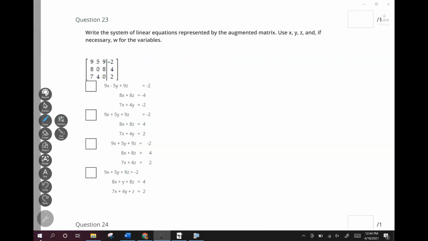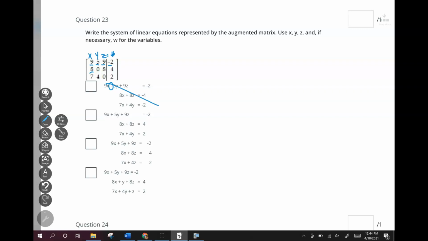All right, and then you're going in the opposite direction here. So this should be your coefficients on your x, your coefficients on your y, your coefficients on your z equals that constant. So the first equation should be 9x plus 5y plus 9z equals -2. It looks like they all have that, except this one has a minus sign, so not that one. Okay, the second one should be 8x, and then we're going to be missing the y.